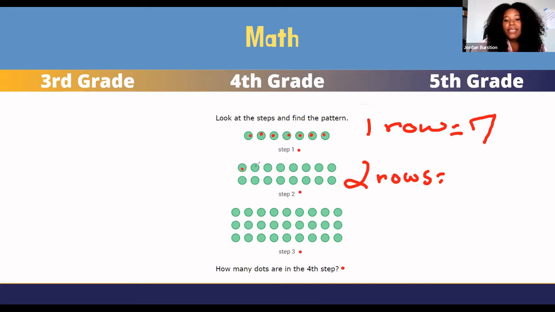We have 1, 2, 3, 4, 5, 6, 7, 8 dots in each row. And in the third step, we have 1, 2, 3 rows. And in each row, we have 1, 2, 3, 4, 5, 6, 7, 8, 9 dots in each row.